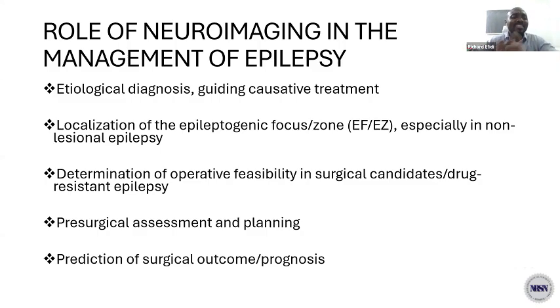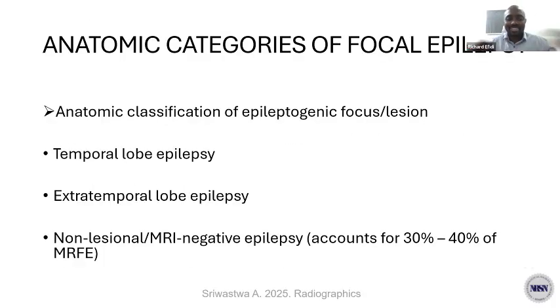Now, neuroimaging is also important in determining the feasibility of surgery, especially in those patients we consider to be surgical candidates, and then necessary for pre-surgical assessment and prediction of surgical outcome.